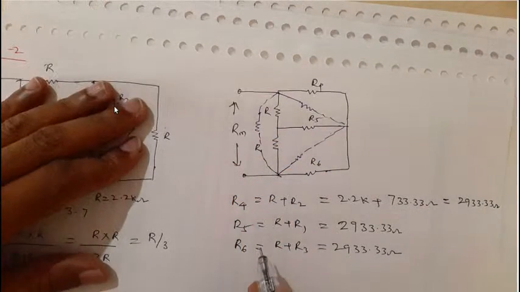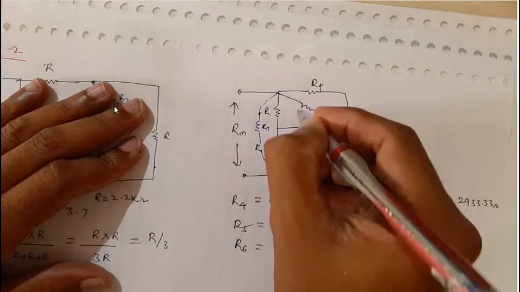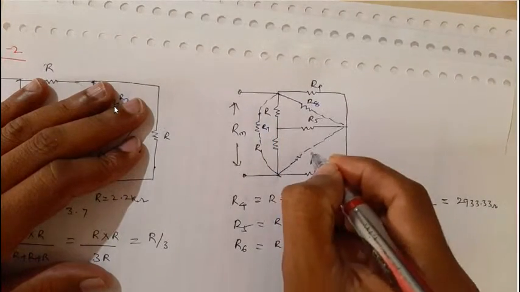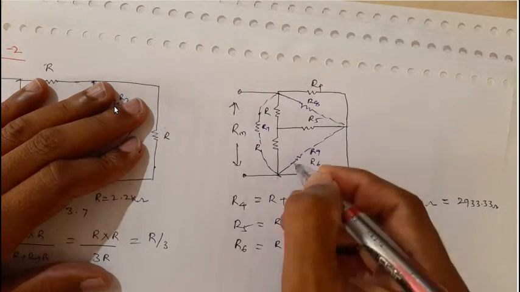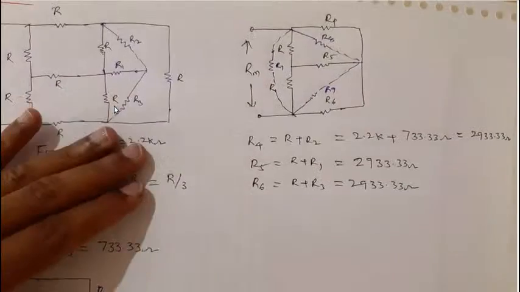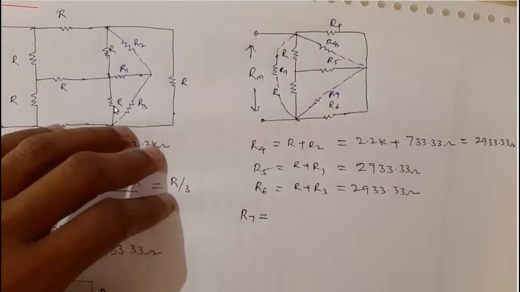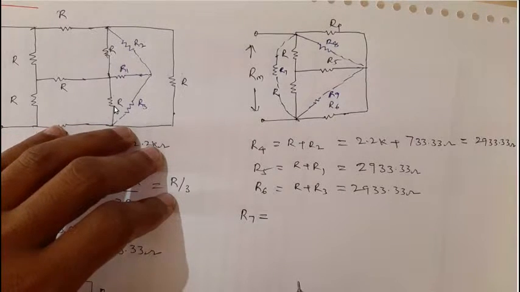I call these resistances, say for example, R7, this is R8, and this one is R9.